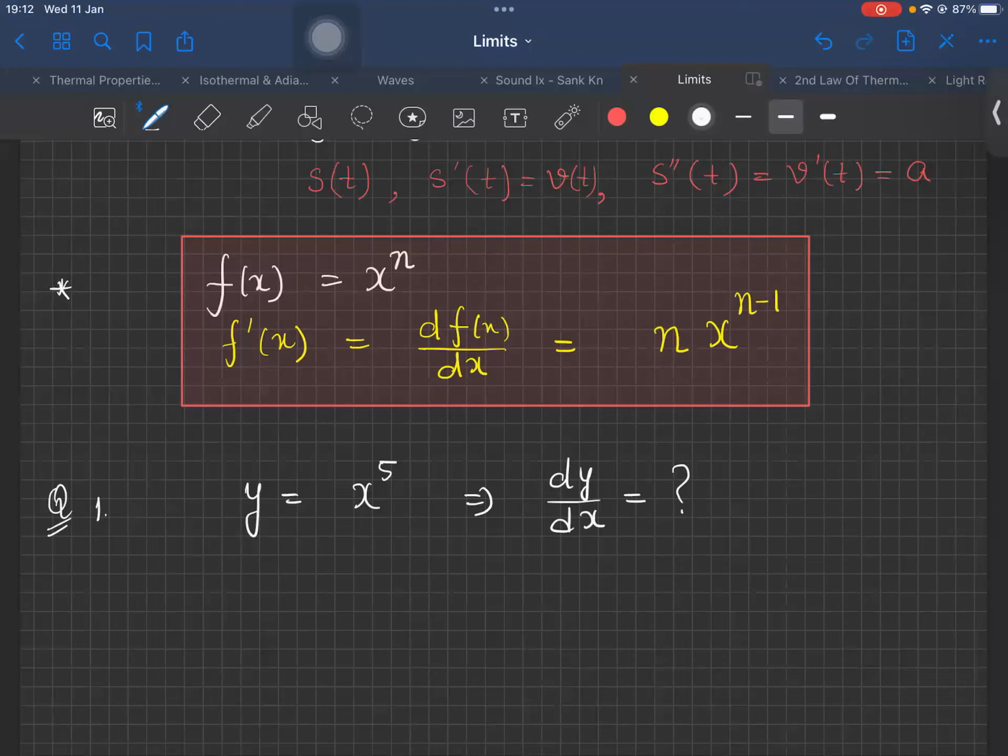Someone please tell me the answer. 5x to the power 4. Yes, exactly. So this is 5x to the power of 4. Use this theorem. We are always solving problems based on this theorem first. So let's say f of x is equal to 3x square. What will be the derivative?